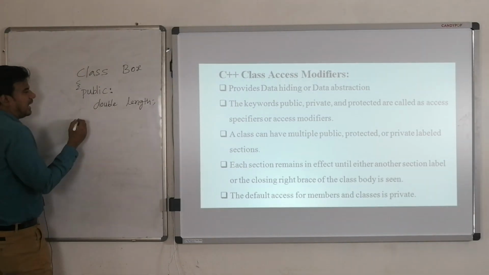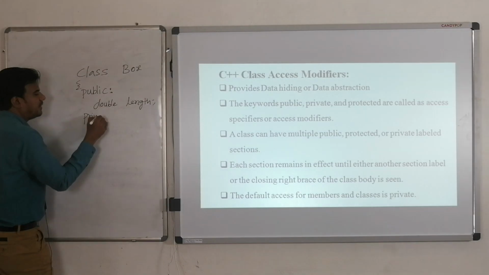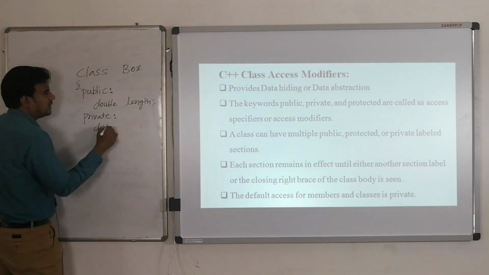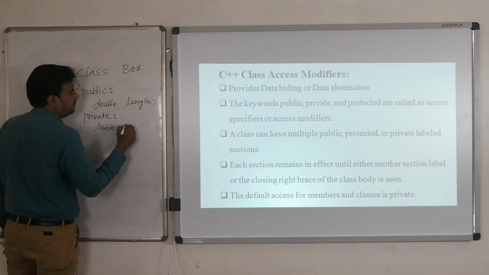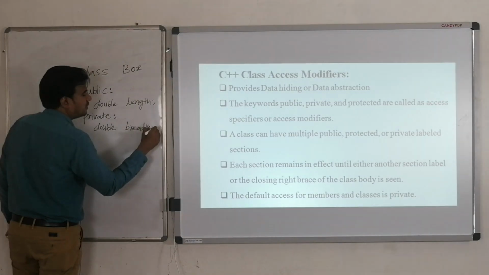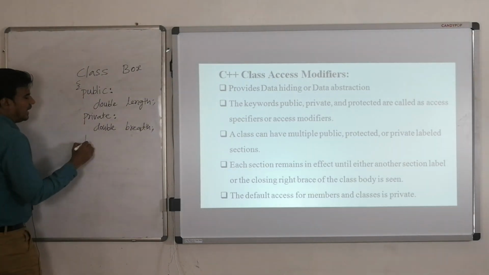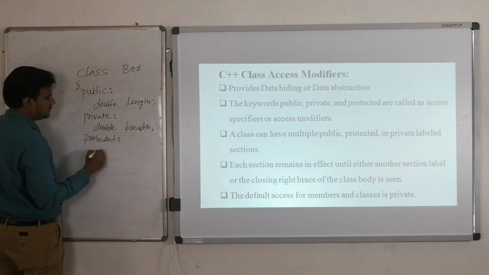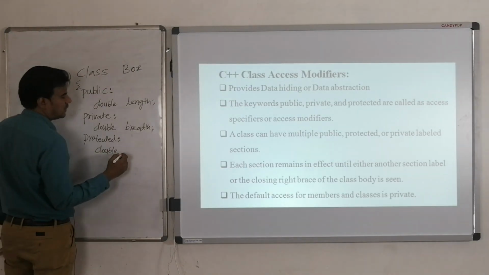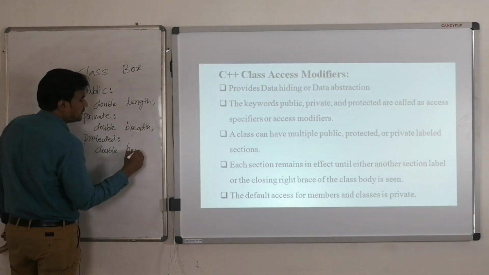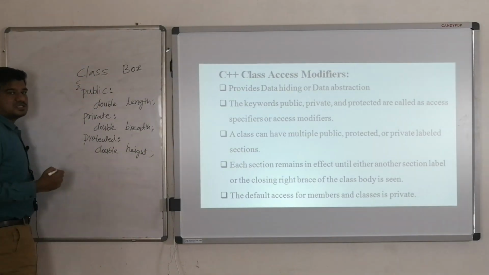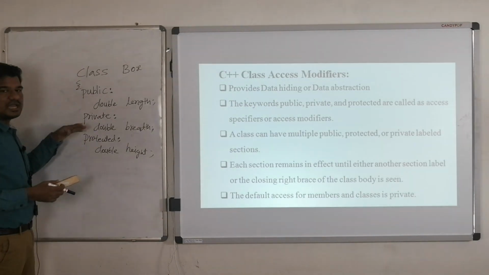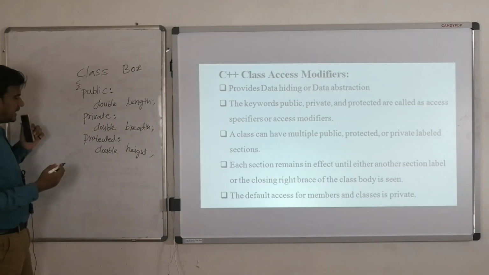Then the next one, I'm taking another data member and I want that data member as private. Private double breadth. Then finally I want the third variable like protected. Protected double height. In this way, I can declare multiple types of data members inside my single class.